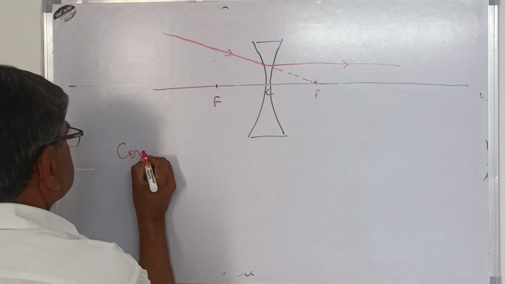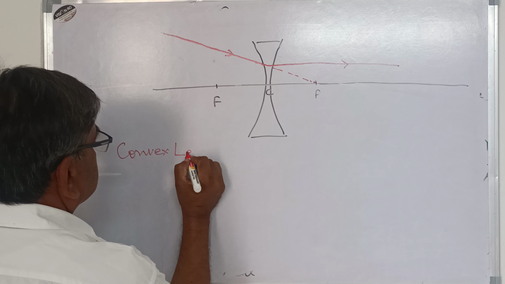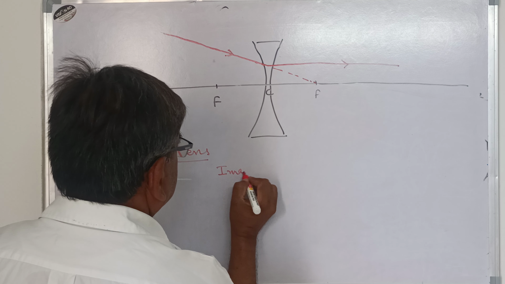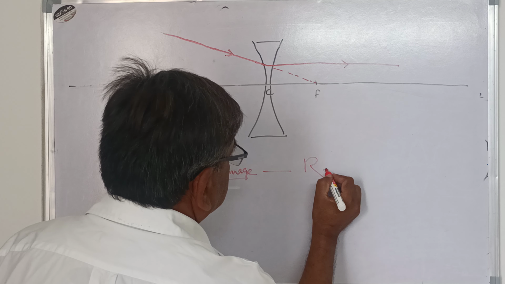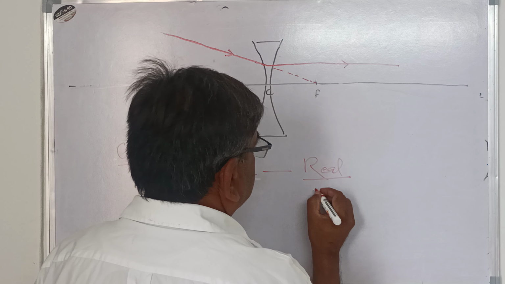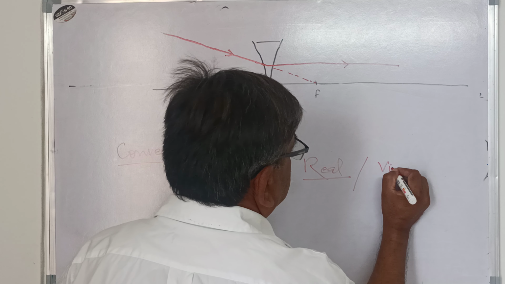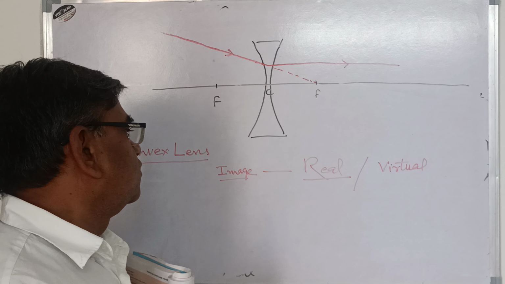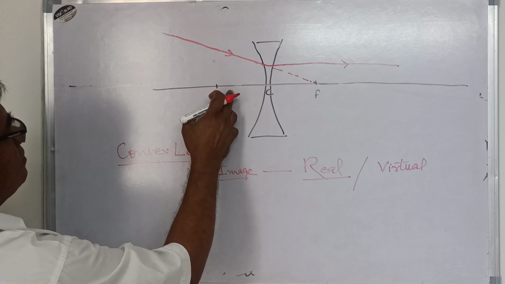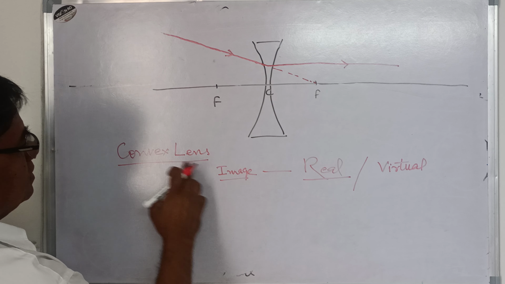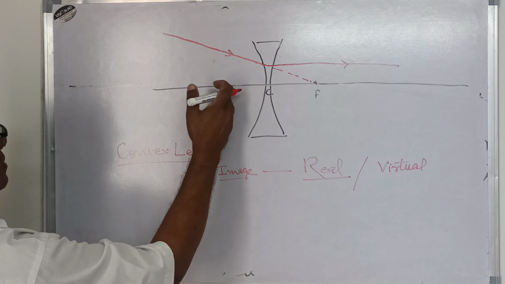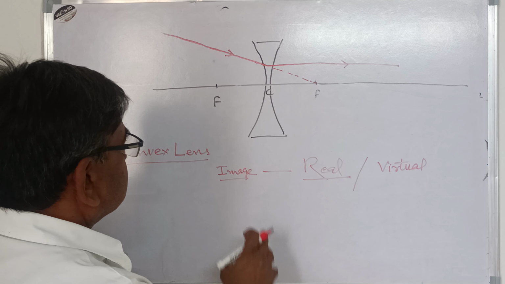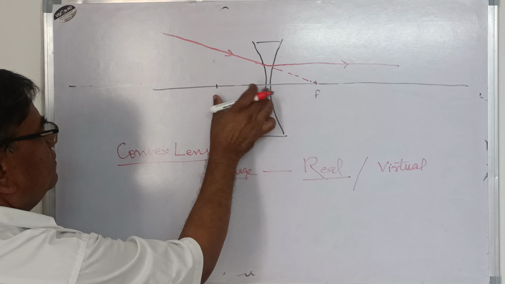In a convex lens, you have seen both types of image, real and also virtual. In real there are 4 or 5 cases. In case of a convex lens, when the object is placed, starting from focus and then moved in this direction, there was a single case when the object was placed between F and C.